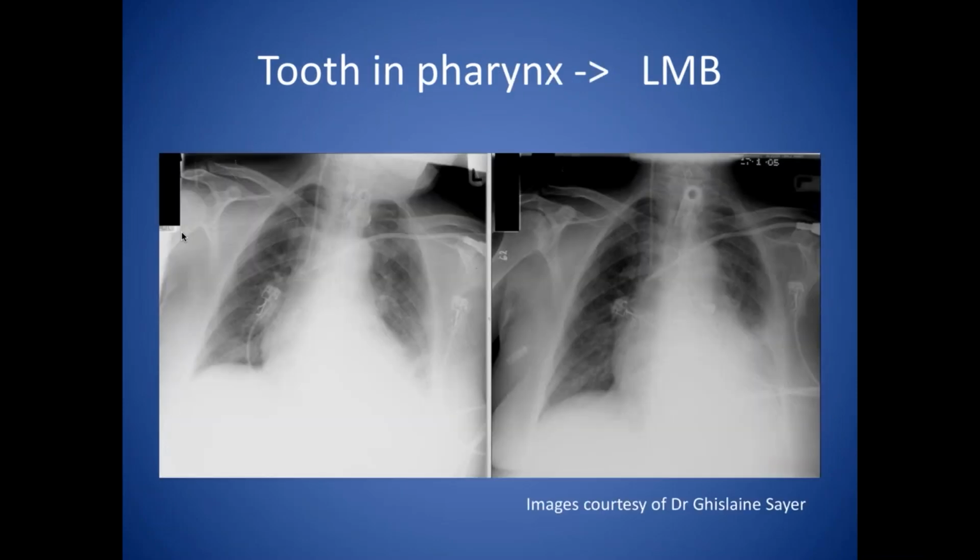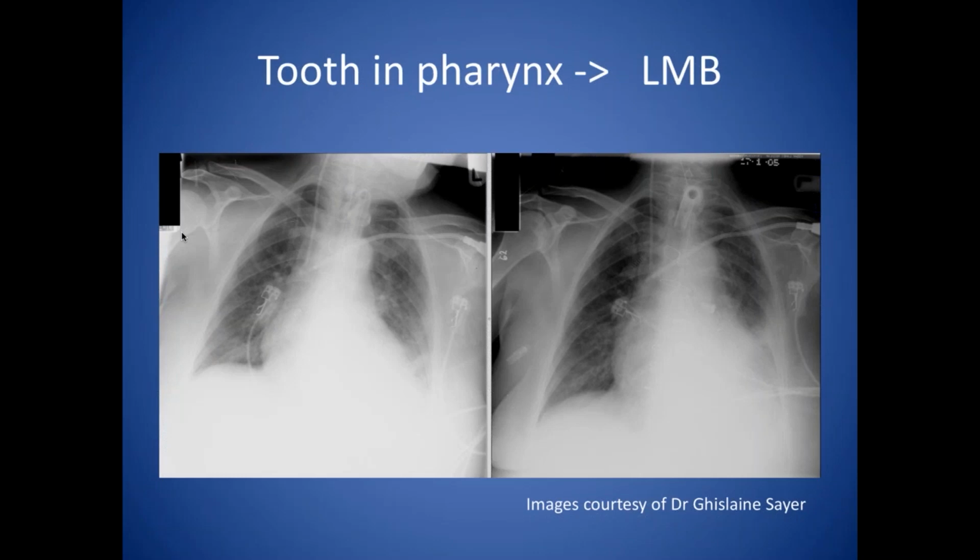I'm very grateful to Dr. Ghislaine Sayer for allowing me to use this case. If you look at the film on the left, the patient has a tracheostomy, and they've also got a density just above the tracheostomy. If you then look at the film on the right, that density has migrated into the left main bronchus. So the pharyngeal tooth has moved to cause harm in the left main bronchus.